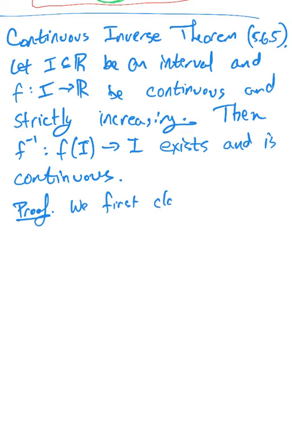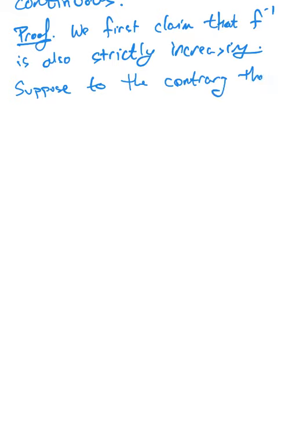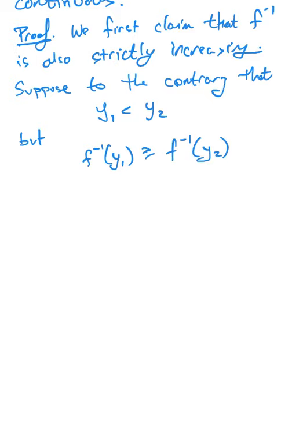Okay. Suppose to the contrary... what would it mean to not be strictly increasing? It would mean you take two numbers.